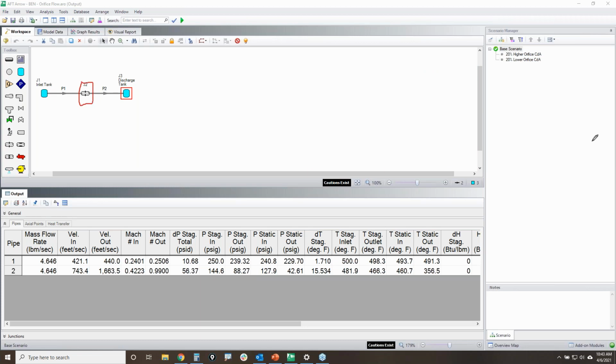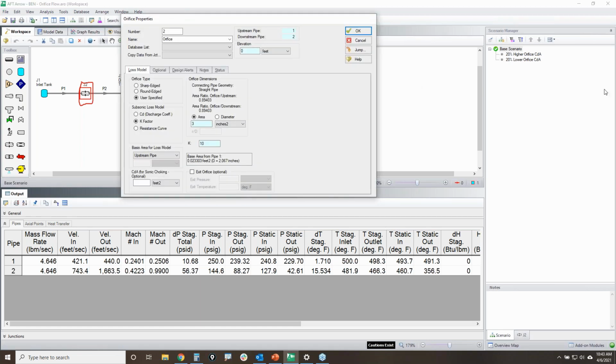All right. So here in this scenario, as you saw, there's no CDA value, and also there's no warning message telling me that because of the diameter of my orifice, the flow area might be larger where I might have sonic choking. It's not telling me that. So this is where we're going to try two different scenarios.